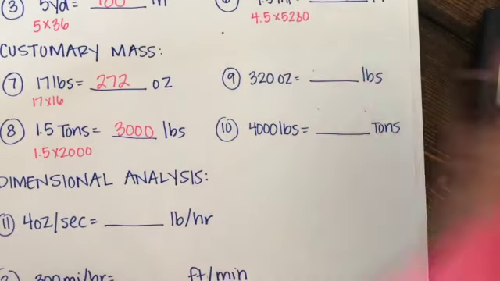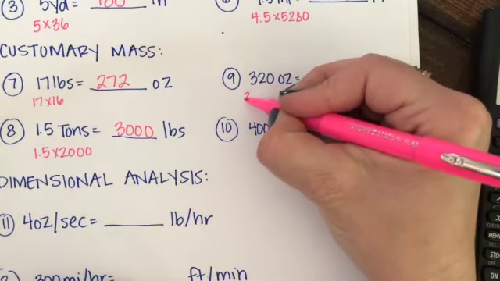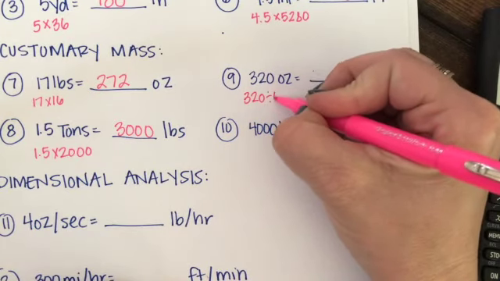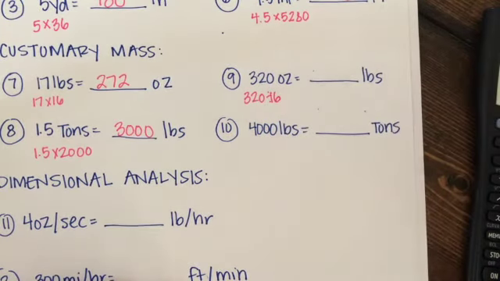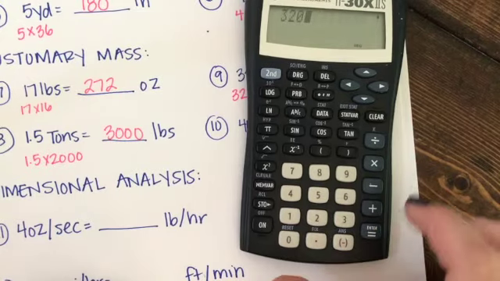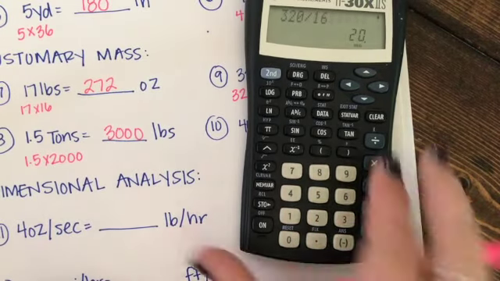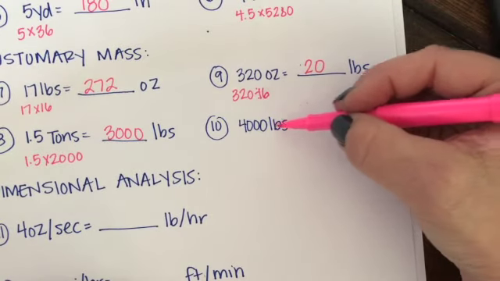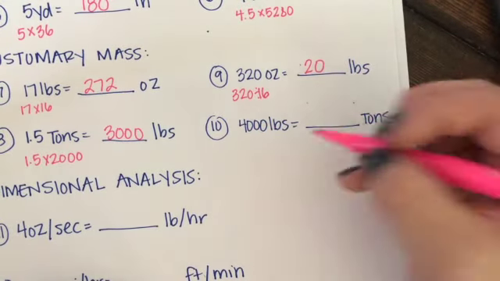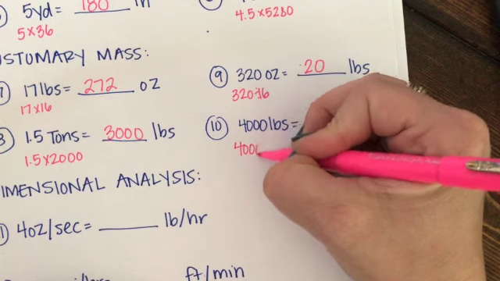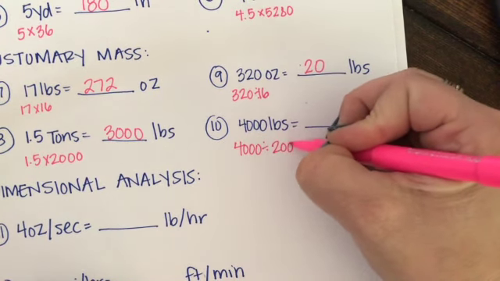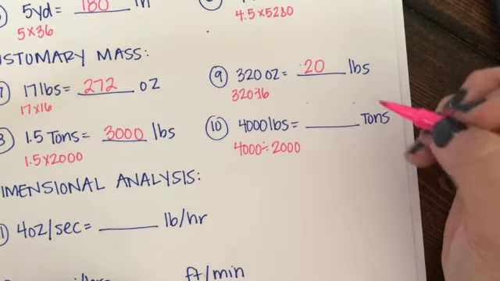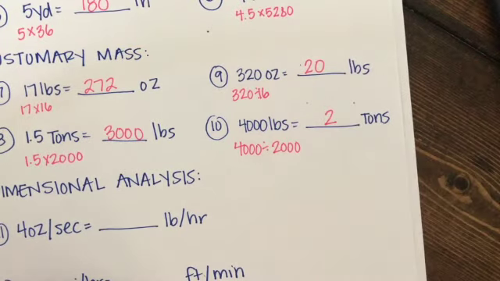Number 9, 320 ounces is how many pounds? So every 16 ounces makes up 1 pound. So 320 divided by 16 is 20 pounds. Number 10, if you have 4,000 pounds, how many tons is that? Well, every ton is 2,000. So 4,000 divided by 2,000 is 2 tons.